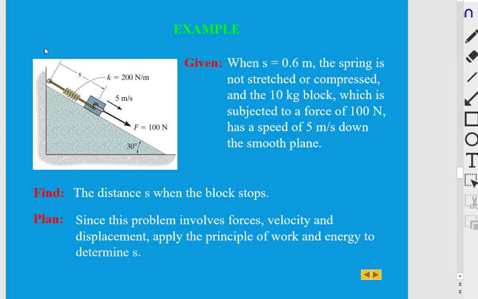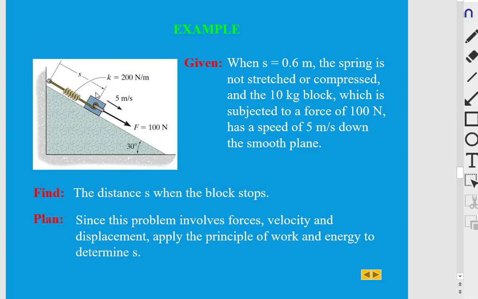Now, looking at this problem, the easiest way to solve it, because it involves distance, force, and velocities, is to use the energy method, more particularly the principle of work and energy. So we can break this problem into two states.